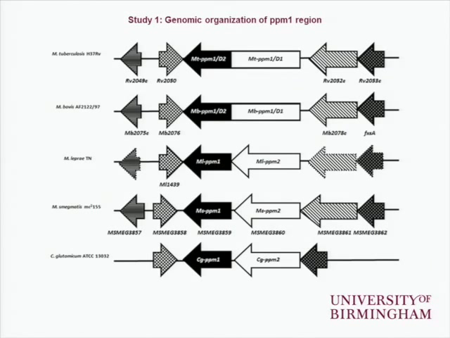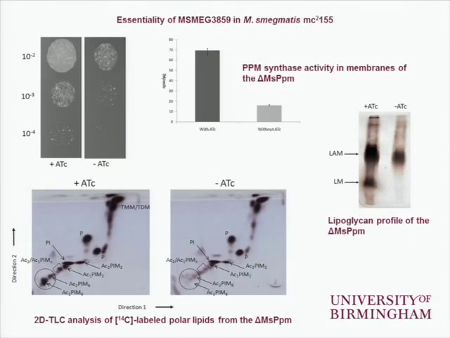But in Smegmatis and Corynebacteria, this single gene is actually split into two proteins. So in this case, we knew that this particular gene would be essential, so we generated a strain where we had an inducible copy of a second gene present and then knocked out the chromosomal copy.